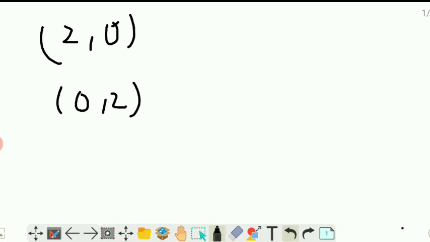So see, any equation 2x minus 4 is equal to 0. This is an equation of one variable, you can say, but we can write it also in two variables. When we write it in two variables, the value of y is 0, that's why y is not here.